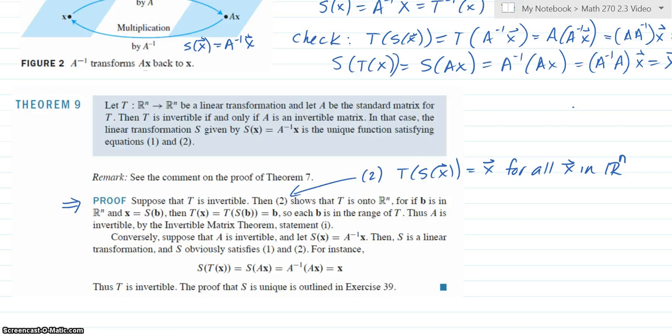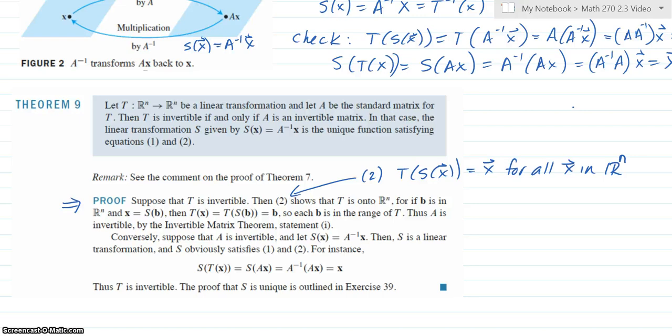So because of this, it's onto. It explains it right here. So if you pick a b, so if b is in Rn, pick a b, and let x equal S of b, then T of x is equal to T of S of b, because that's what x is, which, by the way, by this is just b. So for every b that we pick, we found an x, therefore it's onto.